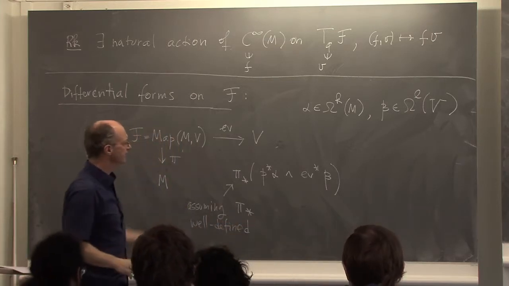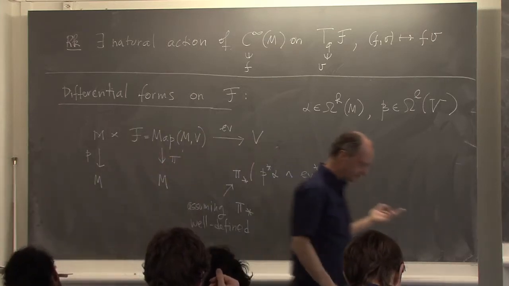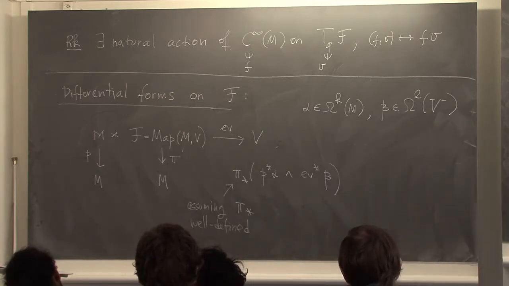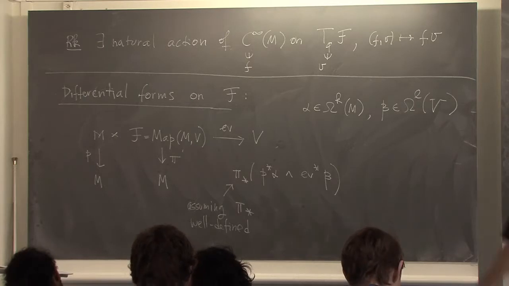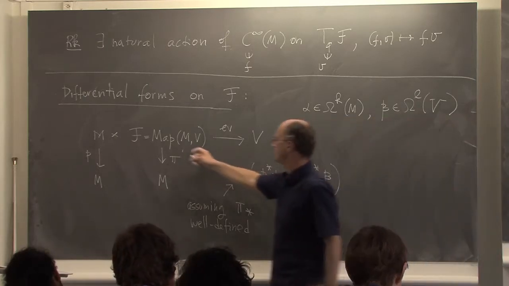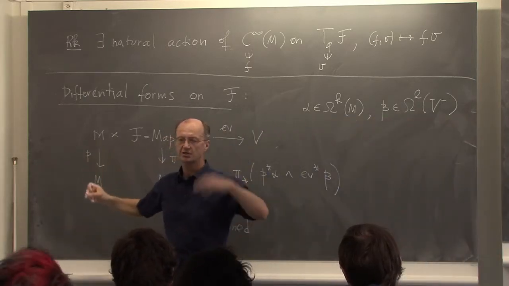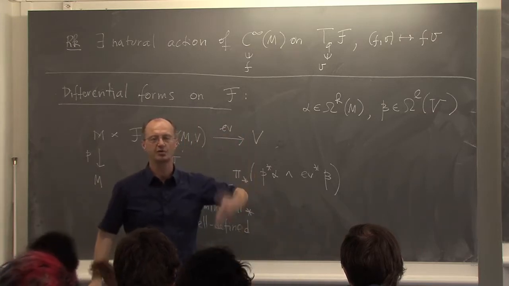Right? That's a little bit like the things you were doing at this introductory week before the master class. So this is some kind of product, and you're taking a fiber integral, right?